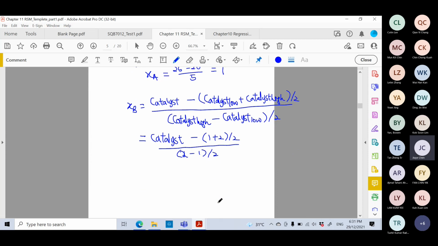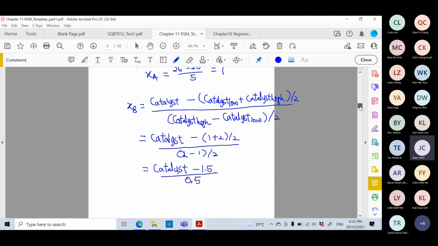Okay, and you will get the relationship between the coded variable and the natural variable: it will be equal to the catalyst minus 1.5 divided by 0.5. Okay, so this is how you find the relationship of these two first.